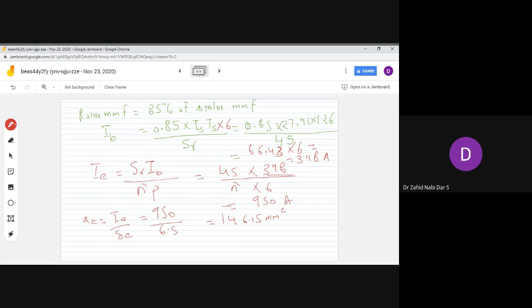But what about the end ring length? The end ring length you can calculate by the circumference of it, that is 2 pi r or pi d. So the pi value is given, the DE value is given, 0.26. The DE value is 26 centimeter.